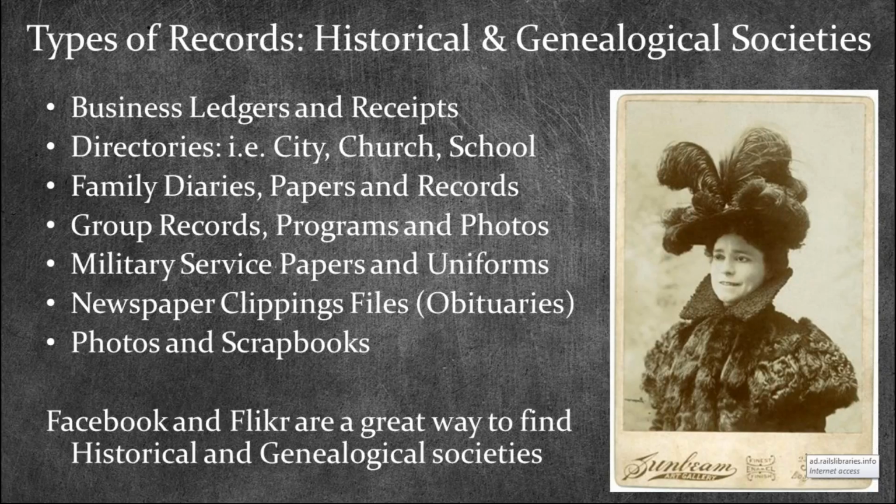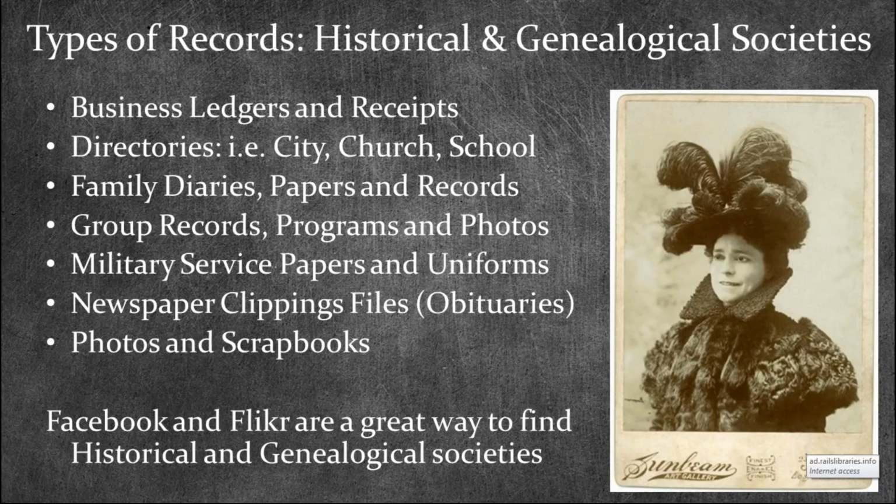Same thing with local historical societies and genealogical societies. This is probably the best avenue of research when you're dealing with your patrons, because that's where you're going to find a lot of that really fun family history. So if they owned a local business, if they were a fishmonger or a grocery store owner, they could have donated their books to the local historical society or genealogical society.